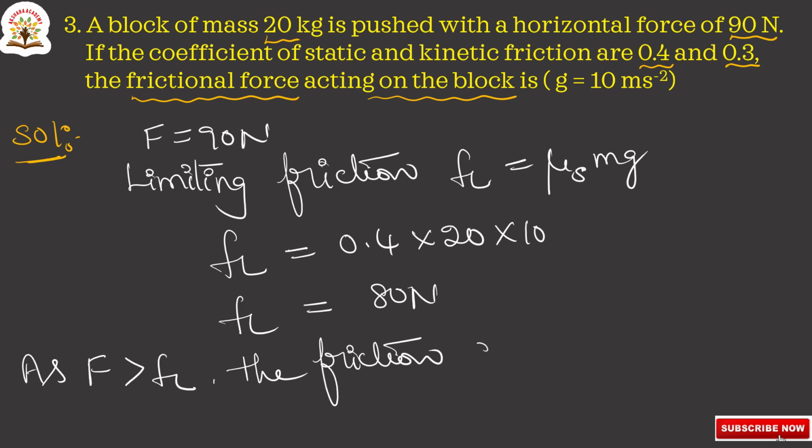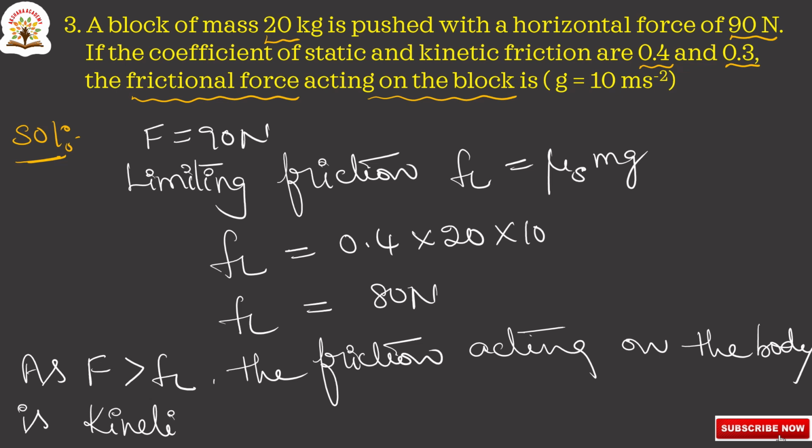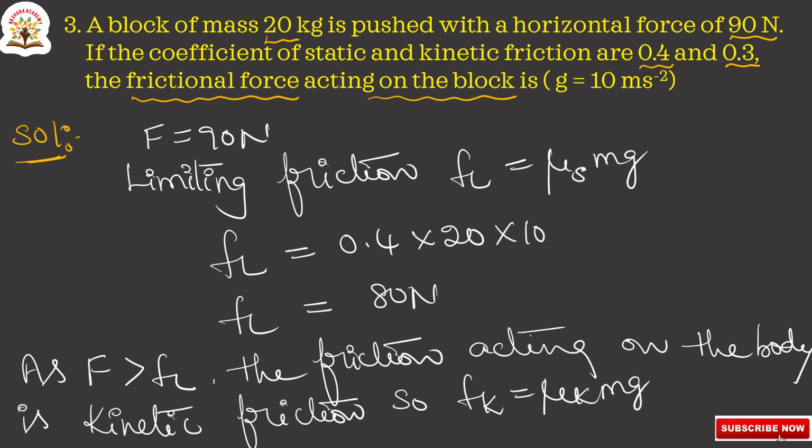The friction acting on the body is kinetic friction. So Fk is equal to mu k into m into g. Now mu k they have given as 0.3, m is 20 and g is 10.